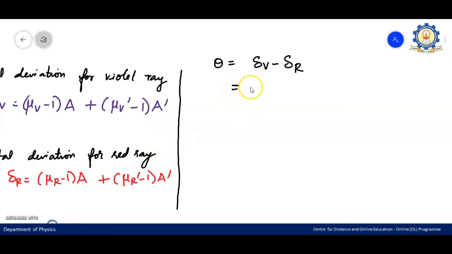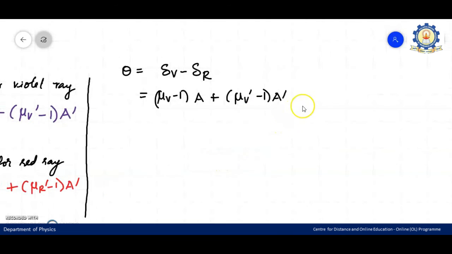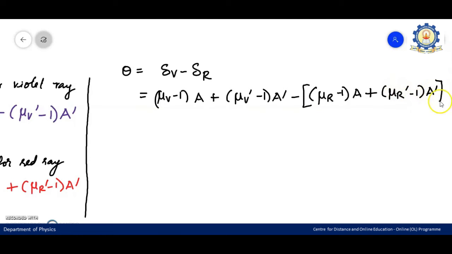So let me substitute delta V as mu V minus 1 into A plus mu V prime minus 1 into A prime, and we have a negative sign into a square bracket. I'm going to just mark: mu R minus 1 into A. You can also cross check with the previous expression. Mu R prime minus 1 into A prime, close bracket.